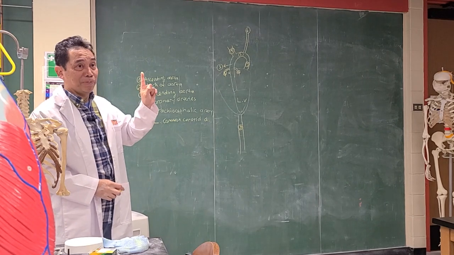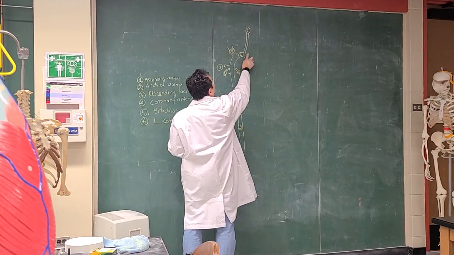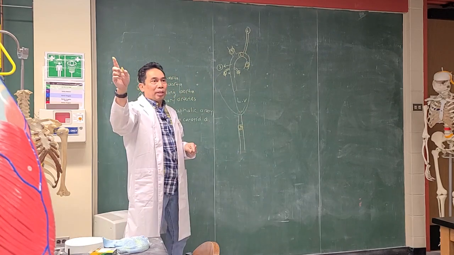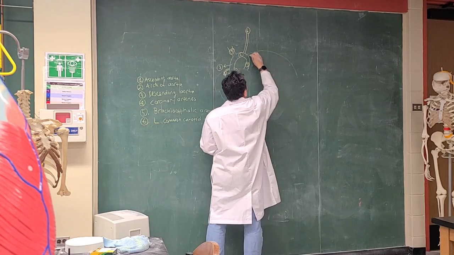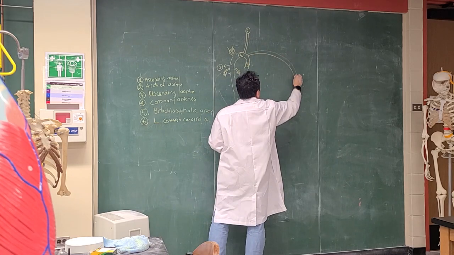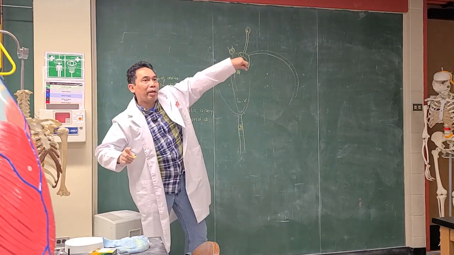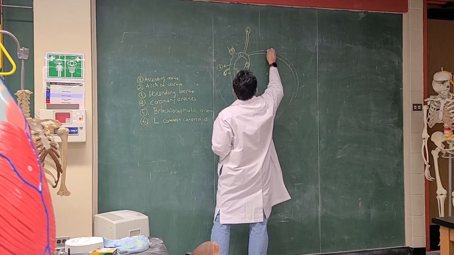That's number 6. Number 7 is also from the arch of the aorta on the left side. It's going to our arm, on the left side over here. So this one's going to be number 7.